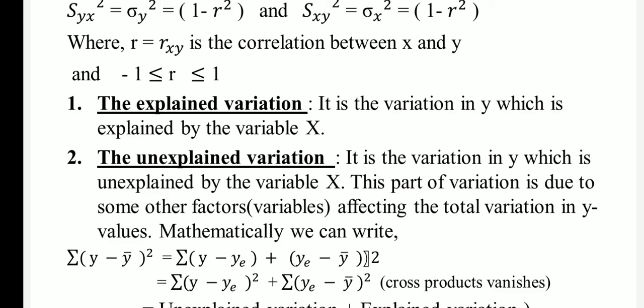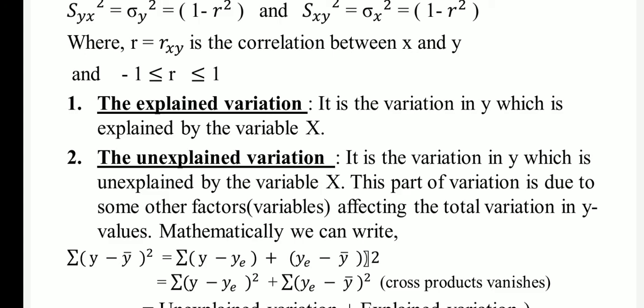Once again, variation is the sum of squares of deviations of the values of a variable from its mean. Variance means the variation divided by its degrees of freedom, capital N or small n. If it is a sample, then it is small n, otherwise capital N. So population variance uses capital N, and sample variance uses small n, the degrees of freedom. That gives you the variance. So here the explained variation is different from variance.